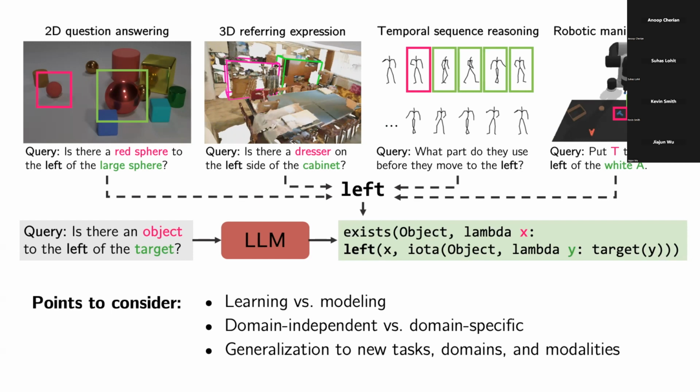So what are really the minimal, but also very universal structures that we should put into it so that it's domain independent, and really helps us to generalize to new domains and modalities? I think that's a fundamental question I want to think about.